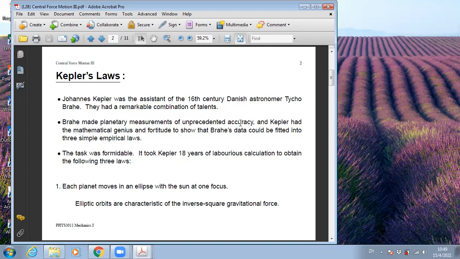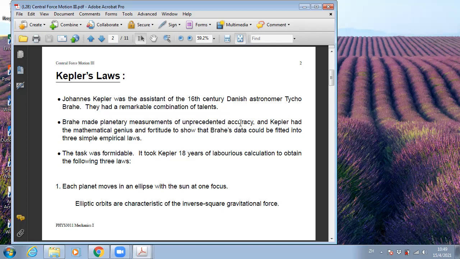On the other hand, Tycho Brahe had a very smart student, Kepler, who is very good at mathematics and also very persistent.